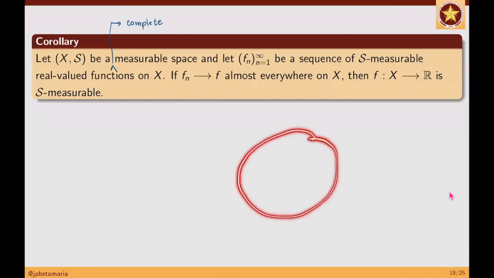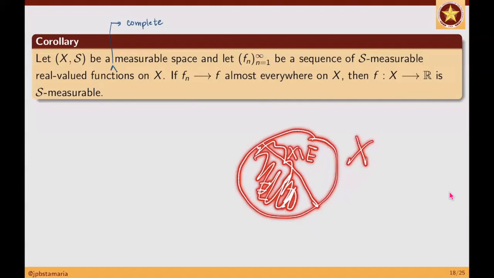I-consider mo lang ulit yung portion ng space where Fn converges to F at the same time nandoon sa E. At the same time, i-consider mo rin yung part ng space kung saan hindi nagko-converge. Hatiin mo yung x sa dalawang part. Yung unang part, consider mo yung mga points where Fn does not converge to F. Ang idea, maliit lang to, measure 0. And because of the completeness, ito ay measurable. Parang ganon.